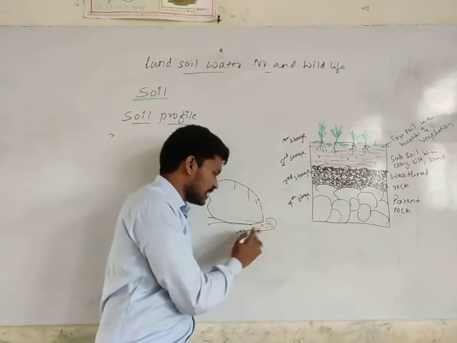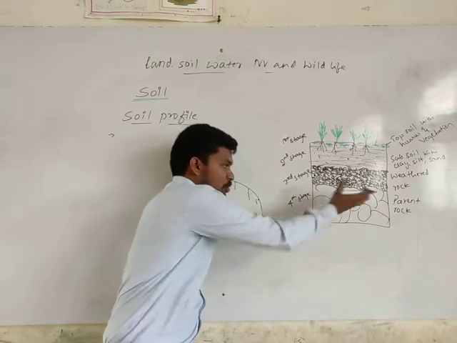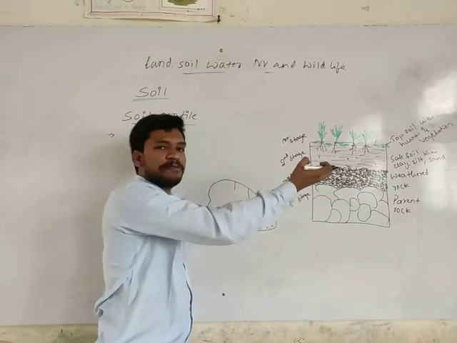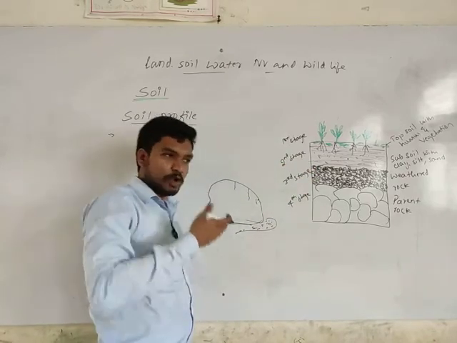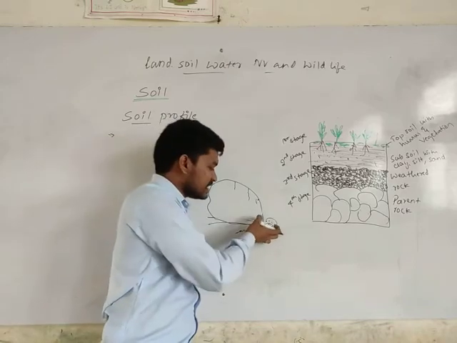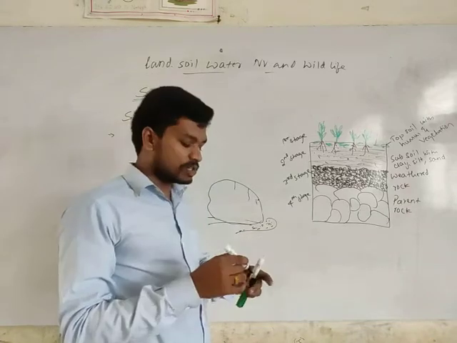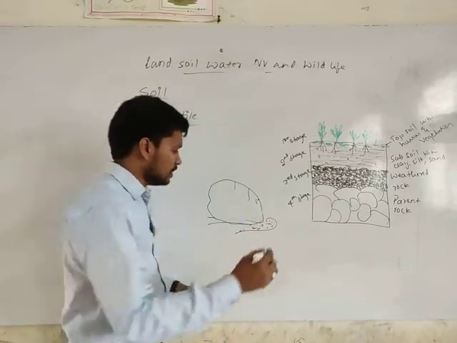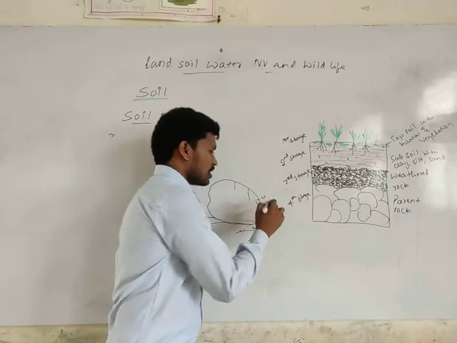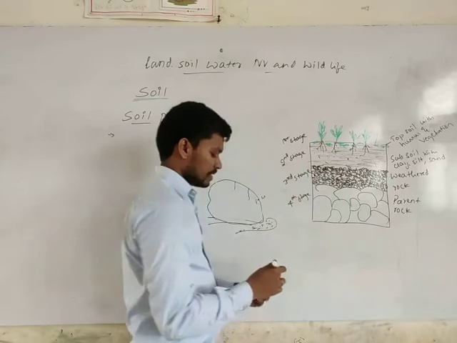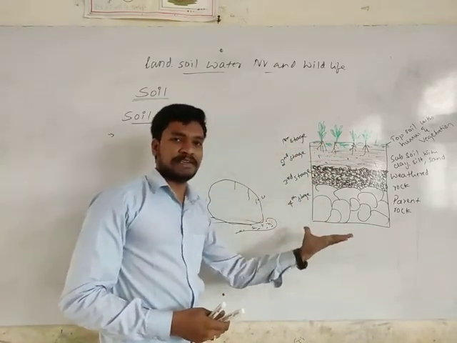These rock materials, we call them sediments. These sediments will be carried away by the blowing of wind and the flowing of water, and spread across the earth's surface. That's how our soil got formed. Not only this weathered rock, but also vegetation and relief features influence it.